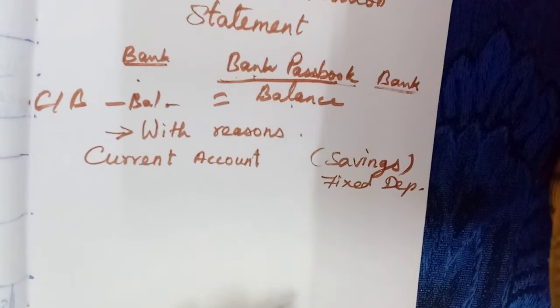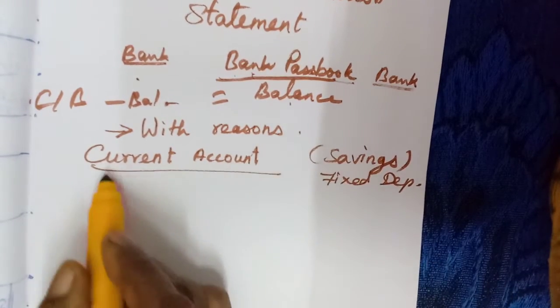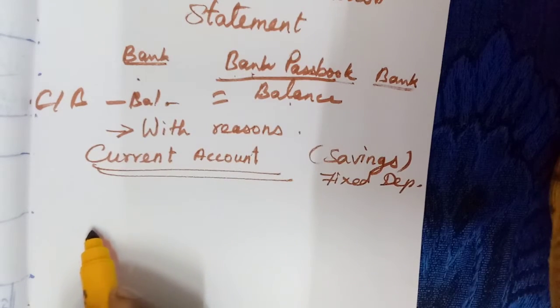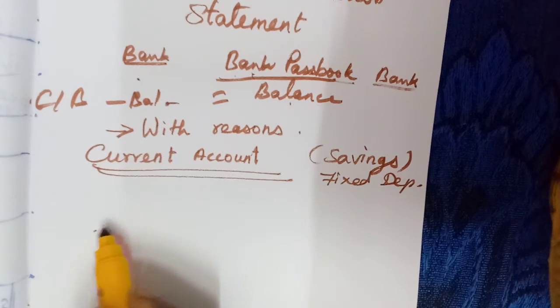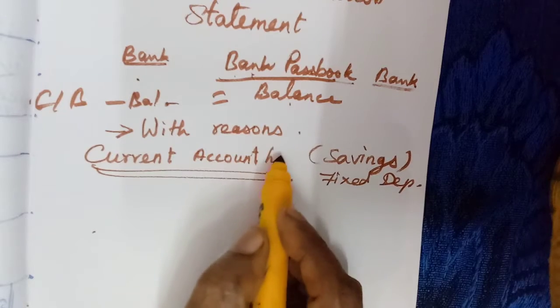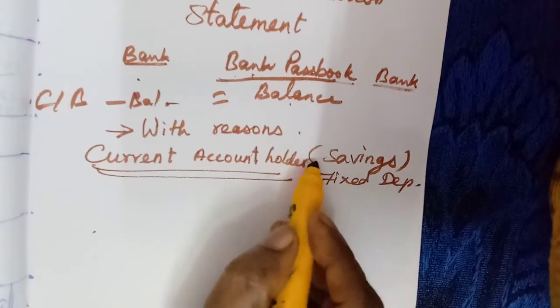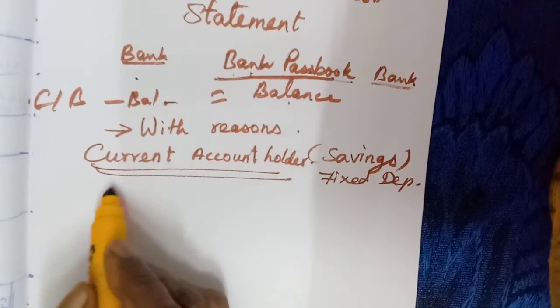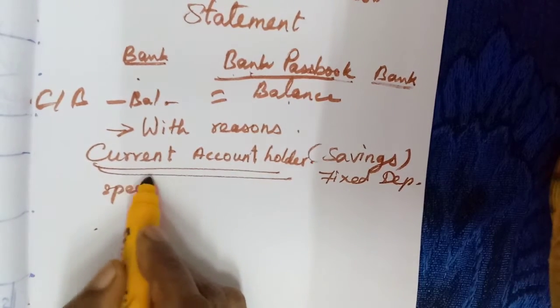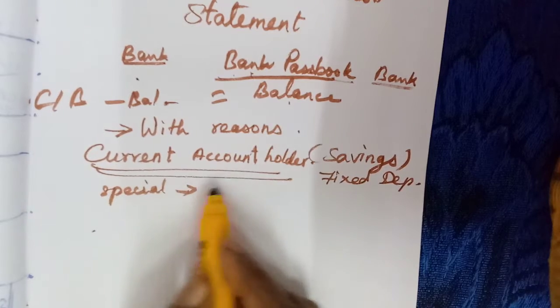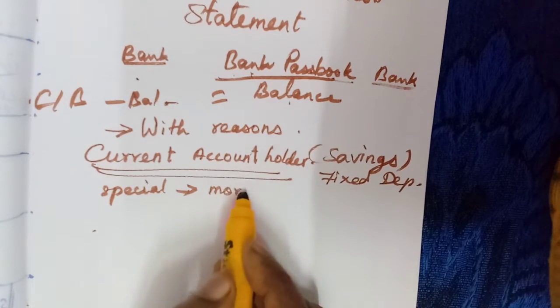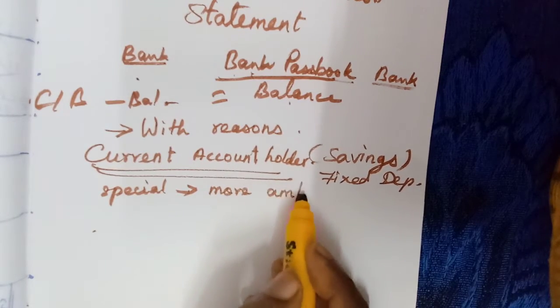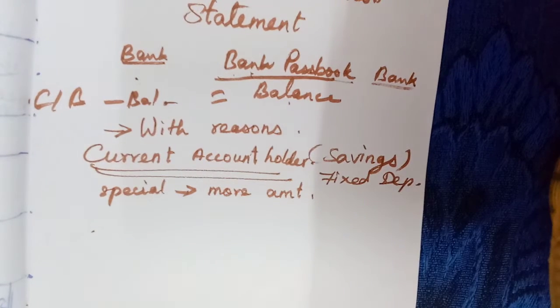Savings deposit, fixed deposit account. And for the business people, they will allow them to open one current account. These current account holders have some special privileges. One special privilege is that they can withdraw more than what is available in their account. Understood?